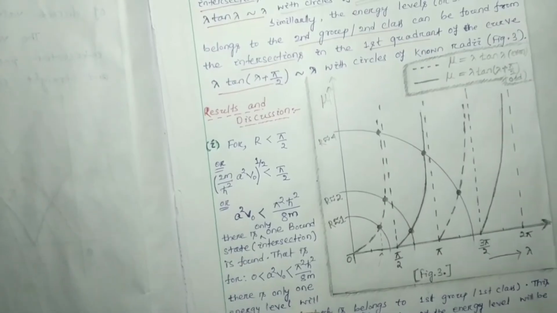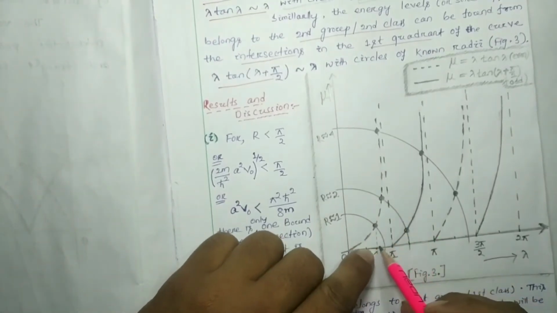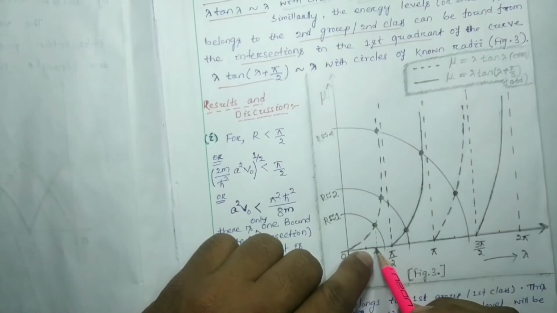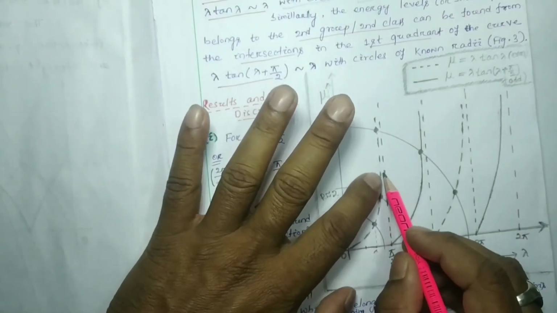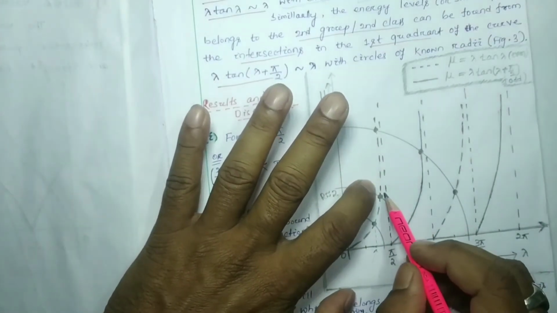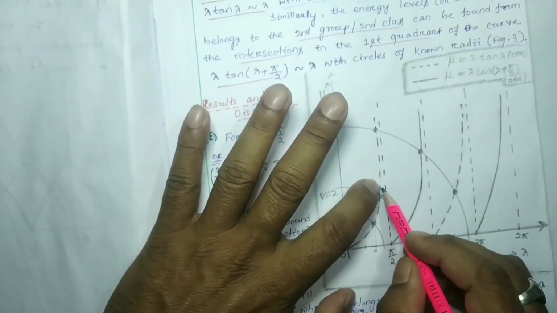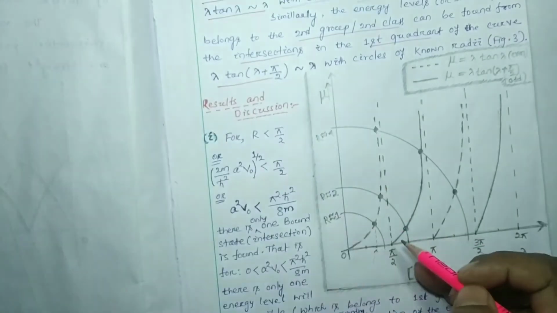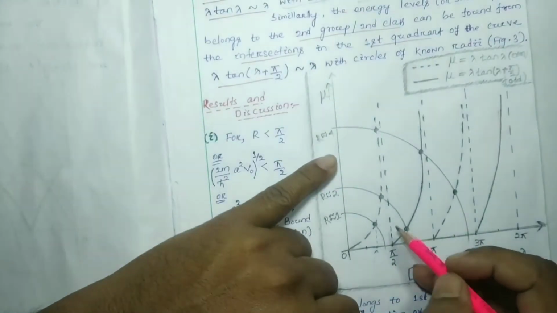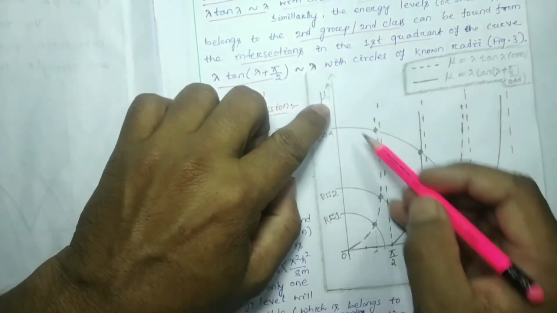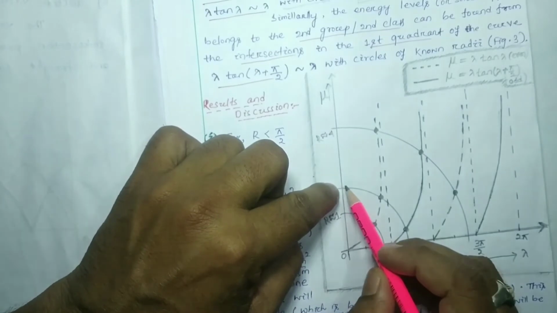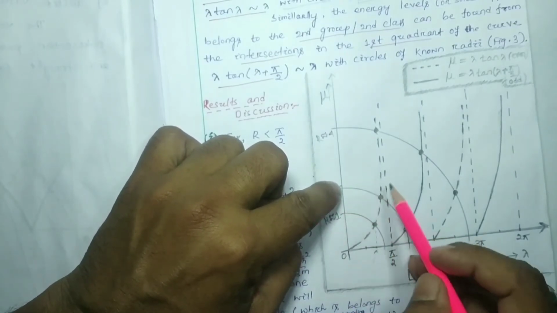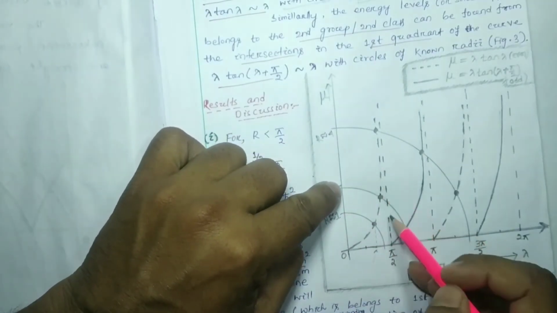One more interesting thing you can judge here is the closeness of this curve with this pi by 2 at a lower value of mu. You can see that at this much value of mu, this curve approximately touches pi by 2.